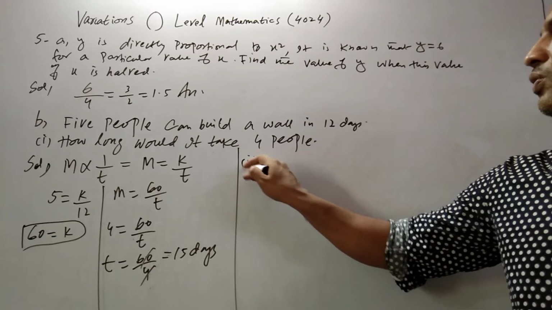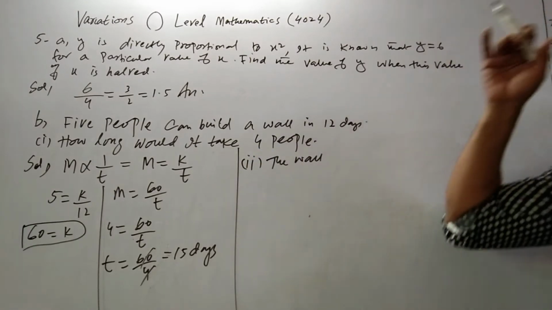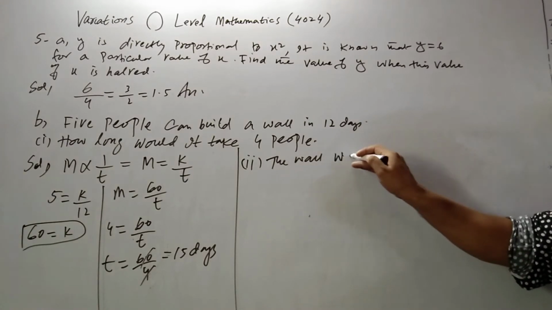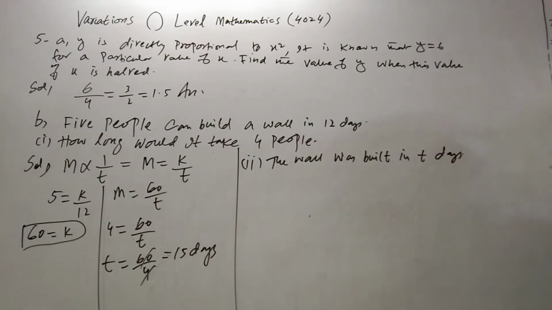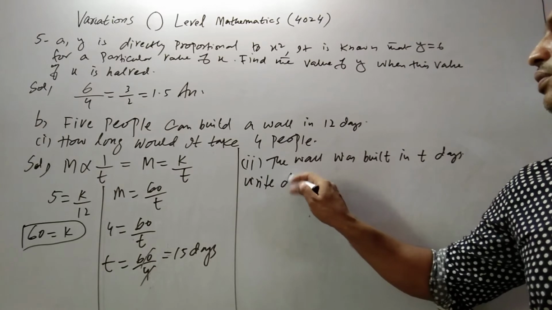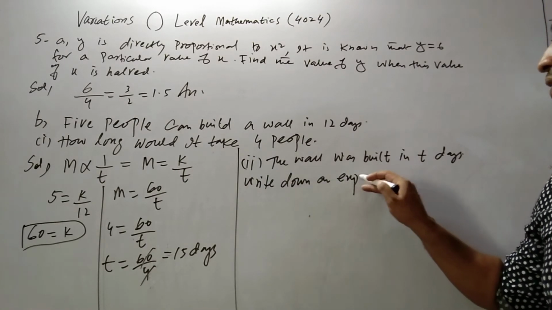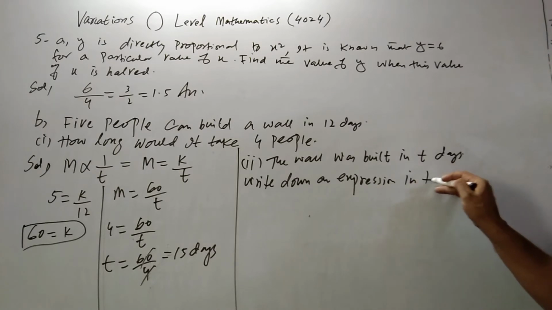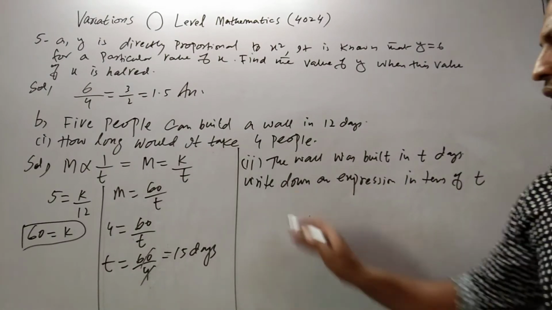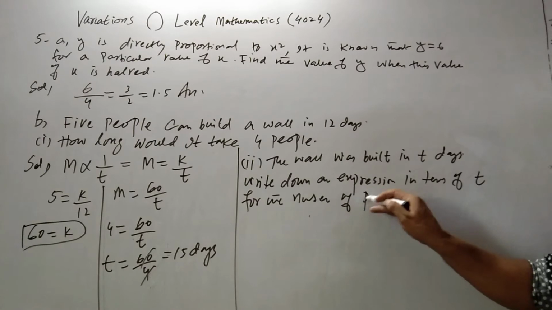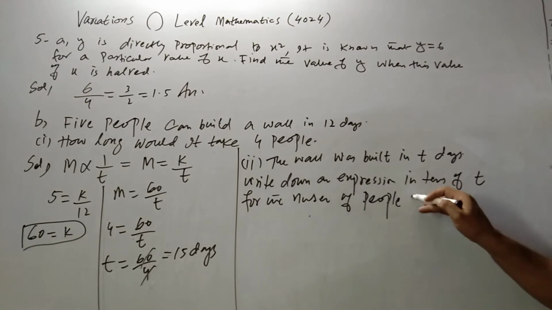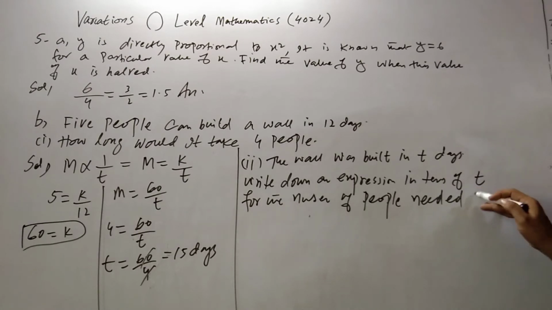Part 2. The wall was built in t days. Write down an expression in terms of t for the number of people needed to build the wall.